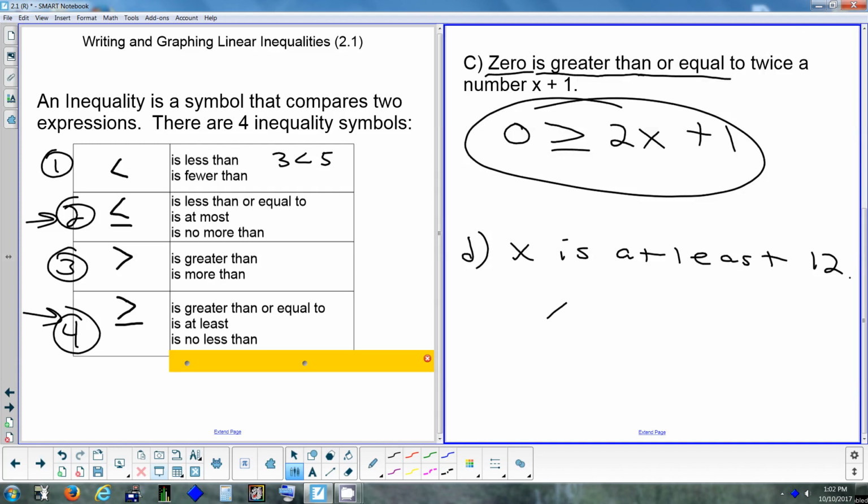X, and then the fourth symbol down. Yep. And then 12. Good. X is greater than or equal to 12. Perfect. Any questions on the kind of problems you could have with that? You'll always see one of those phrases.